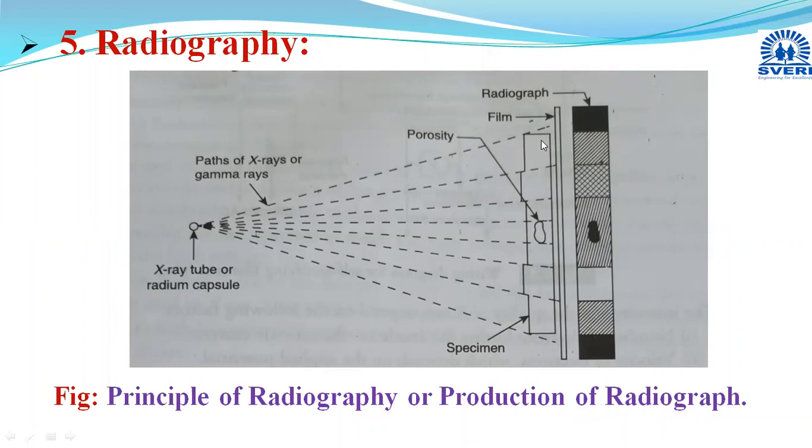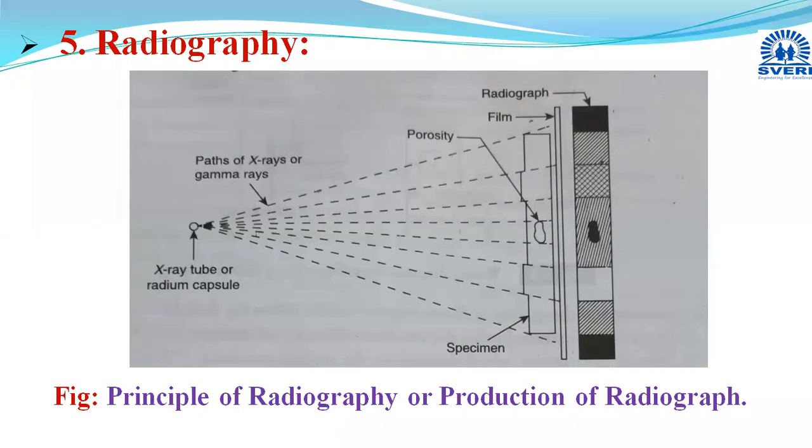This is the component. That particular component is exposed to radiations of short wavelengths. It may be X-rays or it may be gamma rays.